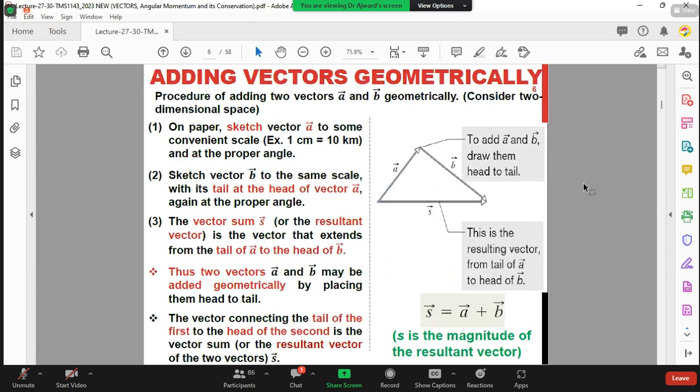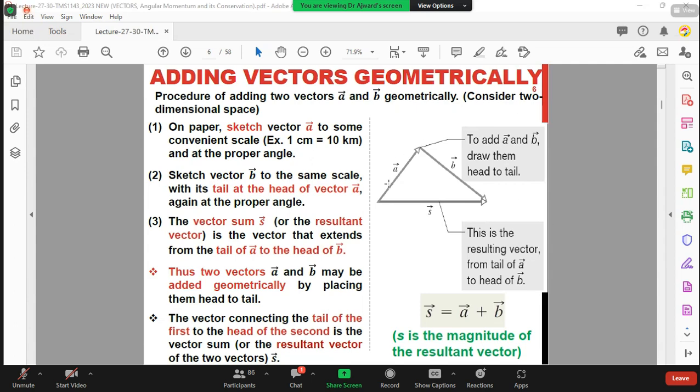Adding vectors geometrically. So you can add vectors. There are several methods. One of the basic methods is you can add vectors geometrically, that is graphically.